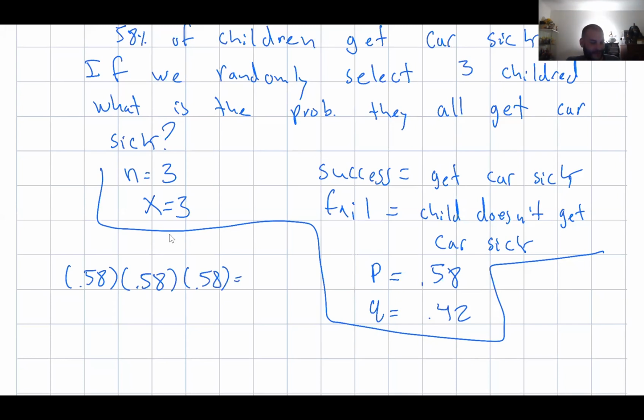If you do that, you get 0.1951. So there's about a 20% chance that if I randomly select 3 children, all 3 will get car sick. That's how we used to do it in 5.4.